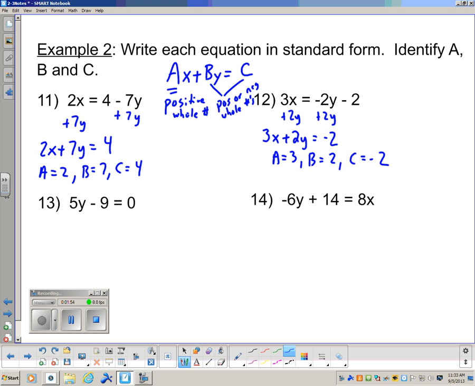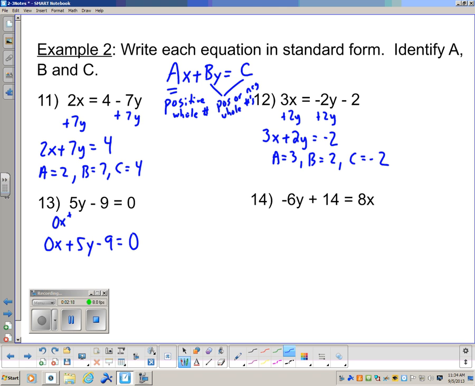So now we're on to number 13. Notice number 13 does not have an x. So I could just go ahead and add one in there. So I could put in a 0x plus 5y minus 9 equals 0.